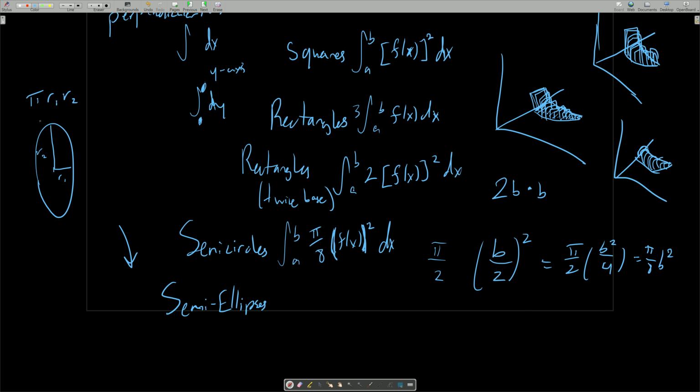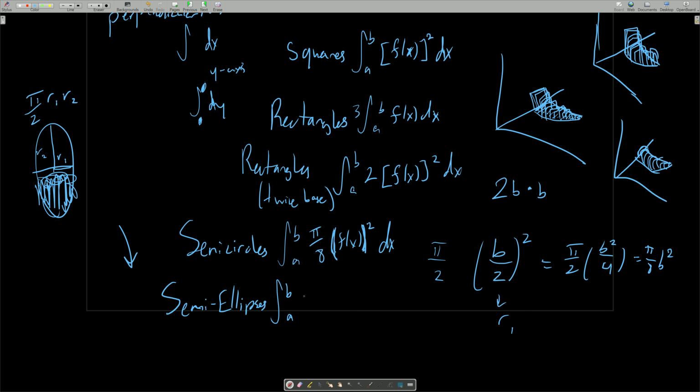For a semi-ellipse, it's going to be half that, so pi over 2. That's your semi-ellipse equation for area. So your R1 is most likely going to be your b over 2 here, so I call that my R1, and then your R2 would be the height.